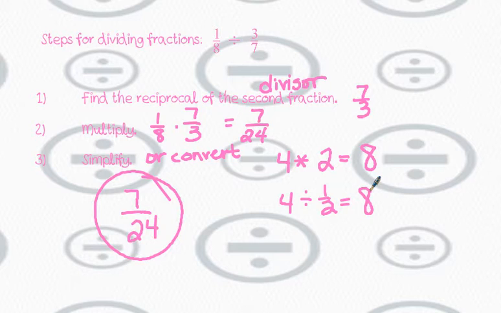Okay, because what's happening here is you're saying, okay, I'm taking 4 and I'm doubling the amount of pieces that I have to get 8 pieces. Well, that's exactly what we did here when we divided by half. Because what we did was we took those 4, so we took every one piece, and every one piece became worth 2. So I actually doubled the amount of pieces that I had, which is what this is telling me as well.